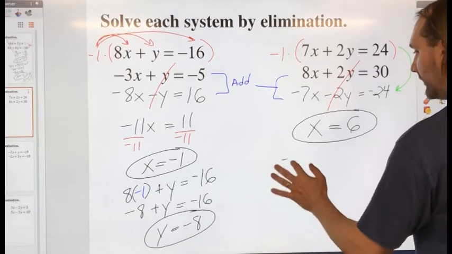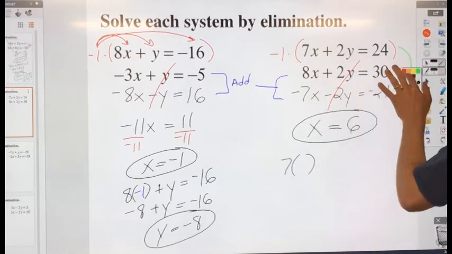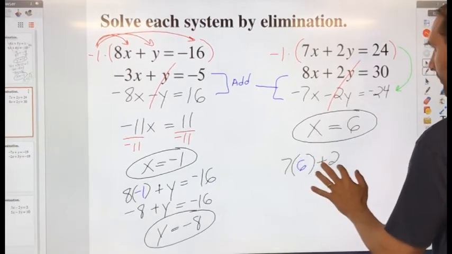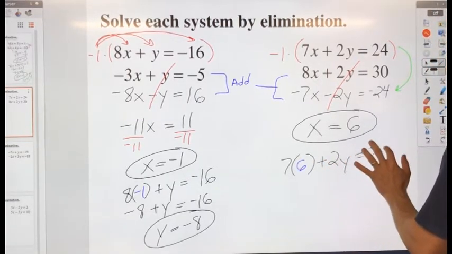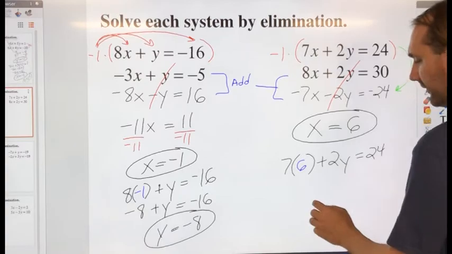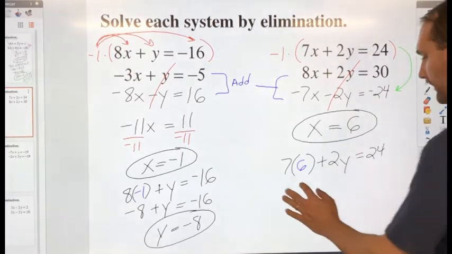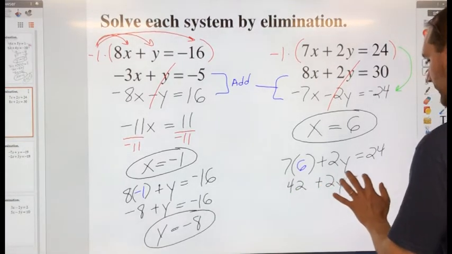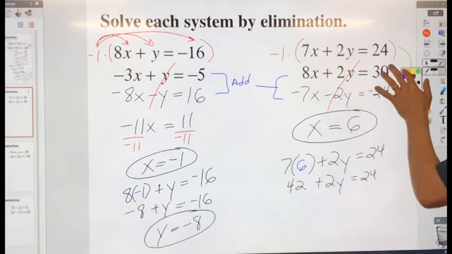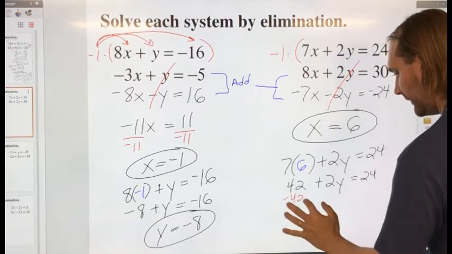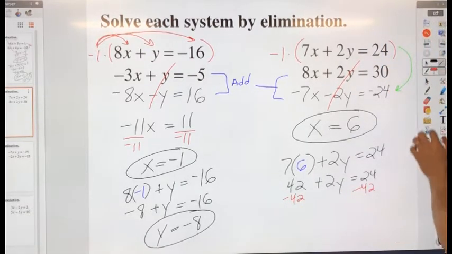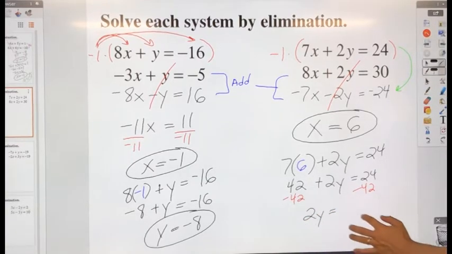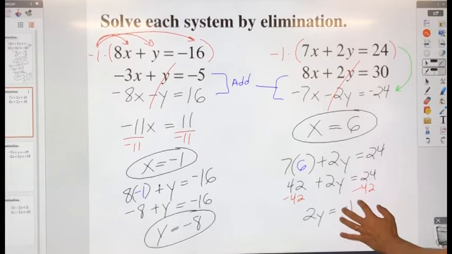So 7x, 7 times 6 plus 2y equals 24. 6 times 7 is 42. 42 plus 2y equals 24. Let me subtract 42 on both sides so that I can isolate my variable. 2y equals negative 18.